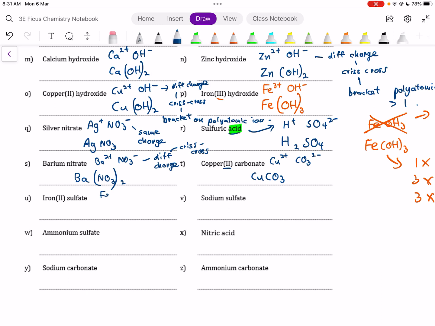So this is Fe2+, SO4 2-, so you have FeSO4. Then you also have sodium sulfate, Na+, SO4 2-, so this one is Na2SO4. This one is the same charge case, and this one is the different charge case.